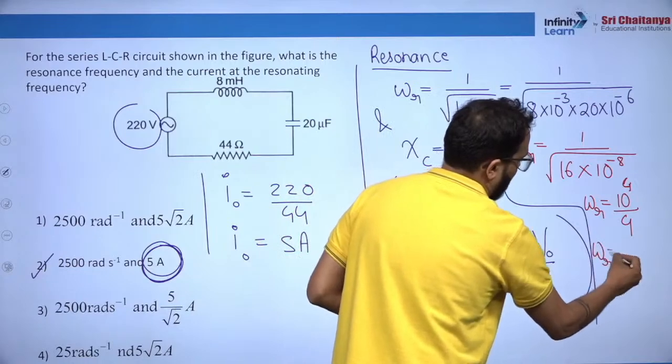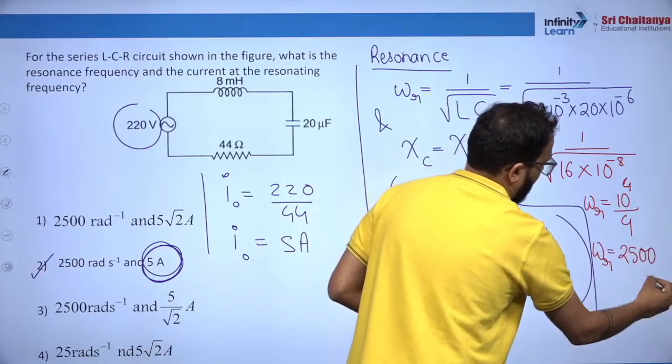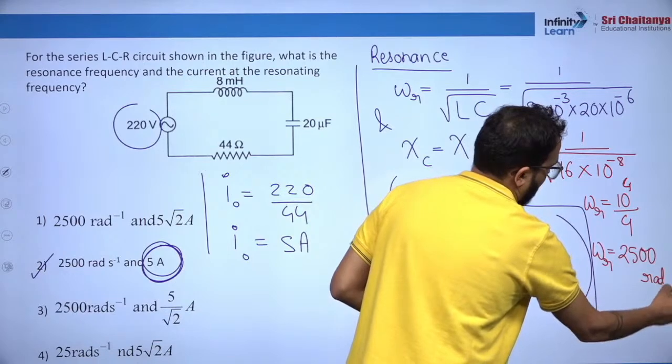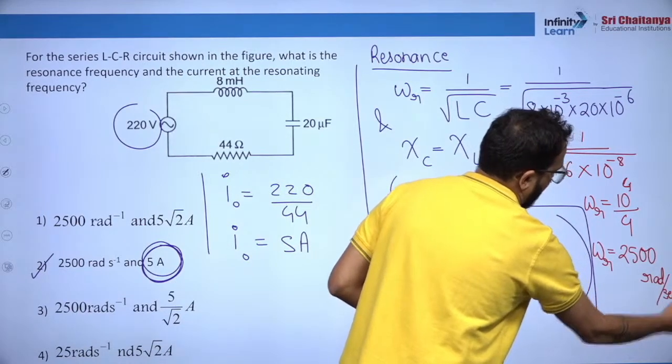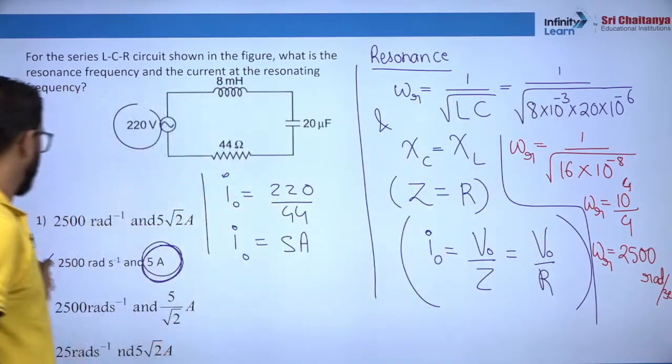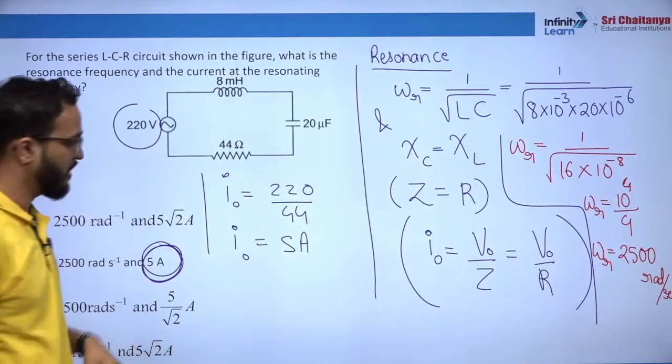So omega r will be 2,500 radians per second, or just per second also if you write, it will be okay. So which option is correct? Second option is correct. Did you understand, guys?